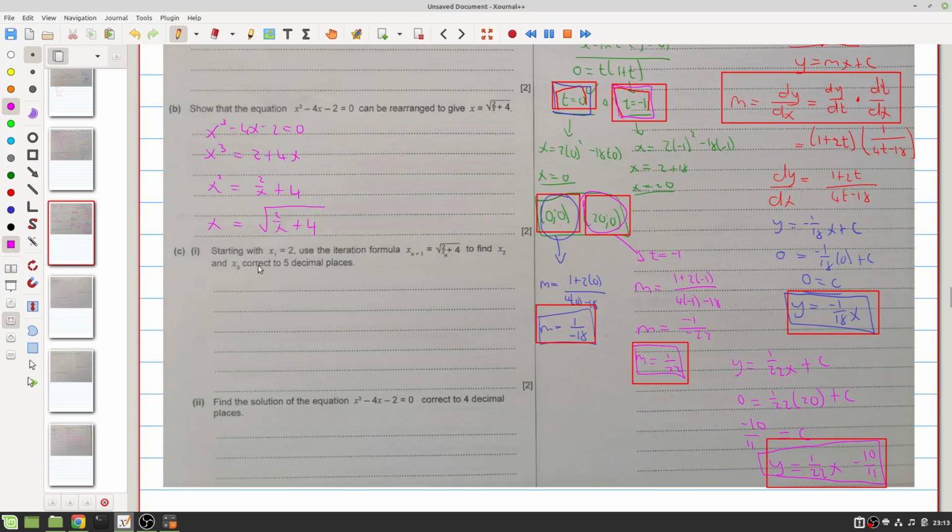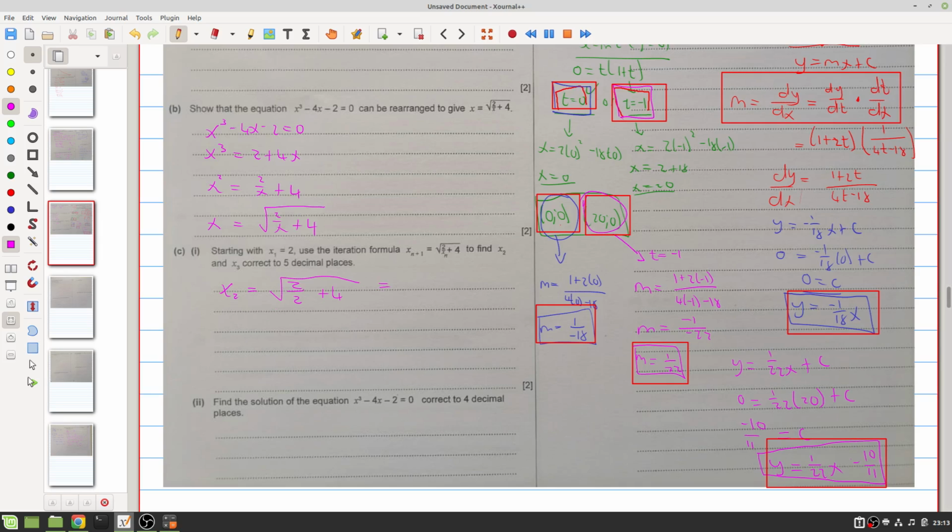Now, starting with x1 equals 2, use the iteration formula that we just found to find x2 and x3 correct to 5 decimal places. Okay, so we're going to start with x1 equals 2. If x1 is 2, then x2 is going to be the square root of 2 over the previous x, so 2 over x1, x1 was 2, plus 4.